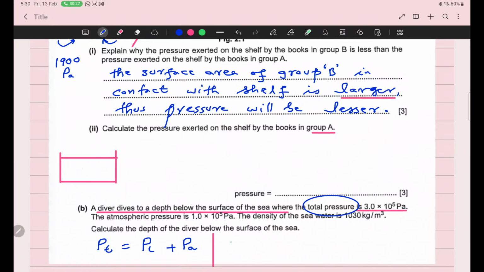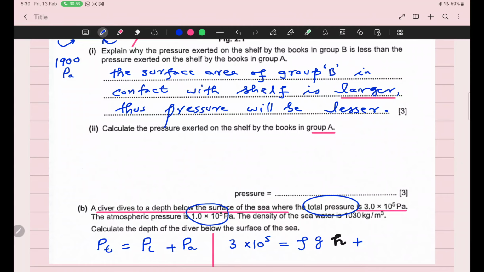Total pressure is 3 exponent 5, equal to pressure of liquid, which is rho g h. Rho means density, and we have to calculate depth, h, plus atmospheric pressure.